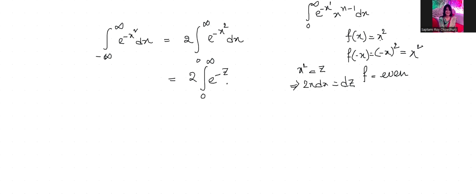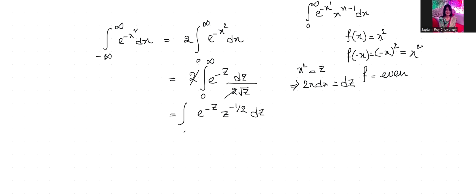Now, what is the value of 2x? The value of 2x is 2 root over z. So these 2 cancel out each other. Now, if we consider it, that is e to the power minus z, z to the power minus half dz.